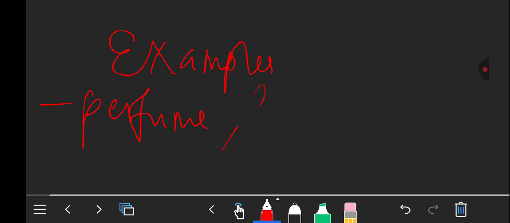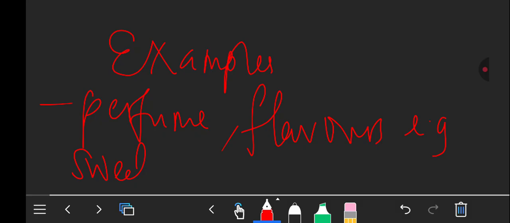Then we can talk of flavors, e.g., something like a sweetener, any sweet smelling substance which is organic.